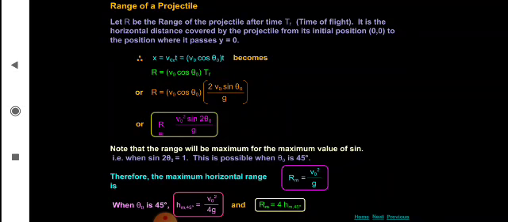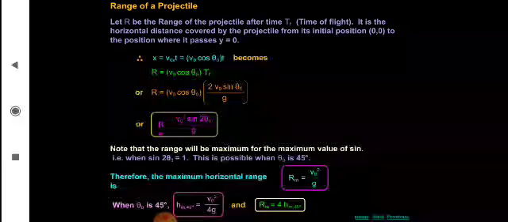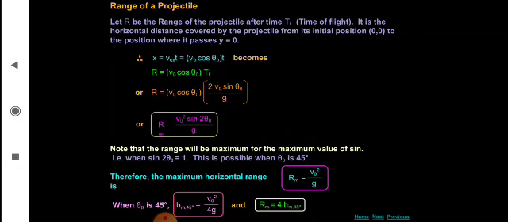So here R becomes V0 square into 2 sin theta naught cos theta naught divided by g. So that is the formula. 2 sin theta naught cos theta naught is nothing but sin 2 theta. So we can write R is equal to V0 square sin 2 theta divided by g.